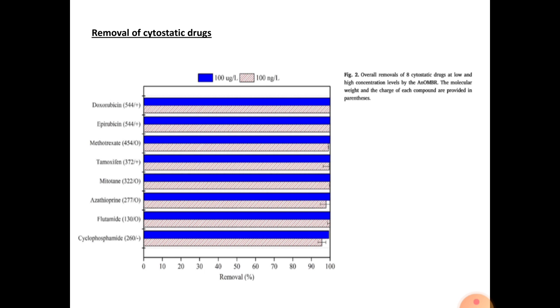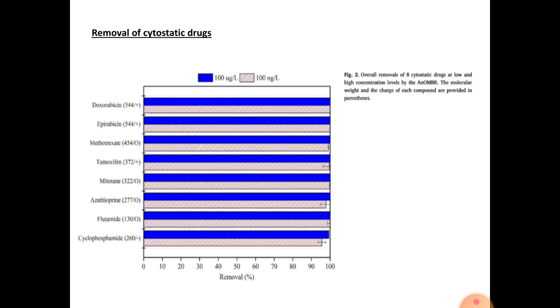And it can be seen that the removal of cyclophosphamide was almost 100% for the higher dose of 100 microgram per liter. So cyclophosphamide was effectively removed by this anaerobic osmotic membrane bioreactor, as compared to the conventional membrane bioreactors, where the efficiency was around 20% to 80%.